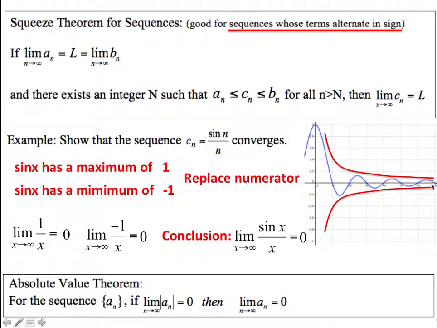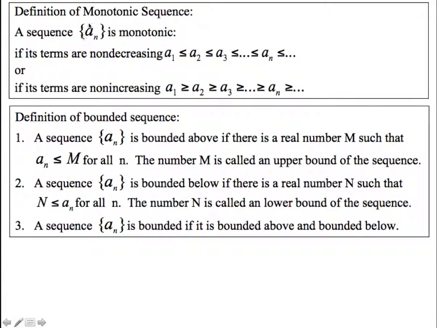And so now we're setting up this idea of boundaries here, and that's going to take us into these last two definitions. One's called monotonic, and the other one's called bounded. So monotonic basically means that you have a sequence that is moving in one direction only. In other words, it's either non-decreasing or non-increasing.